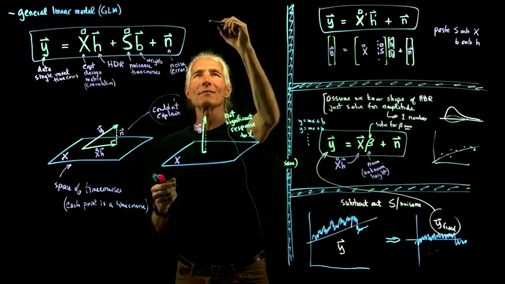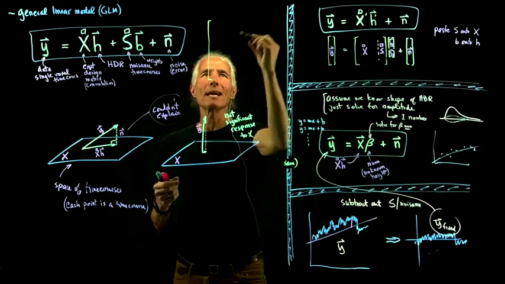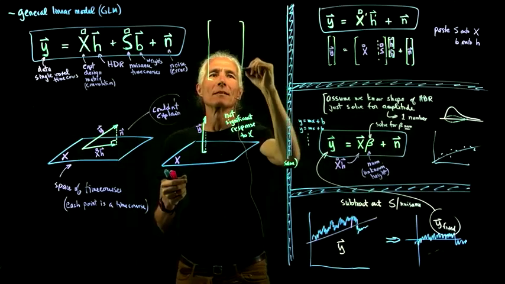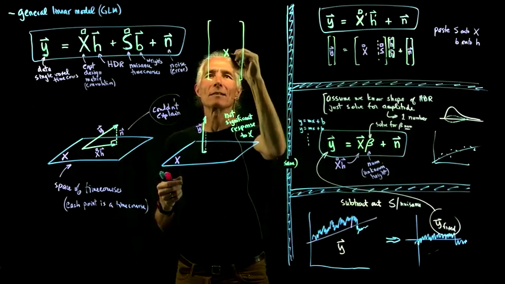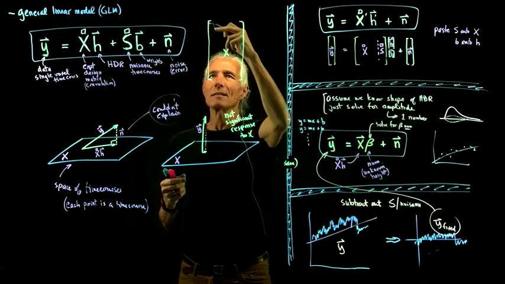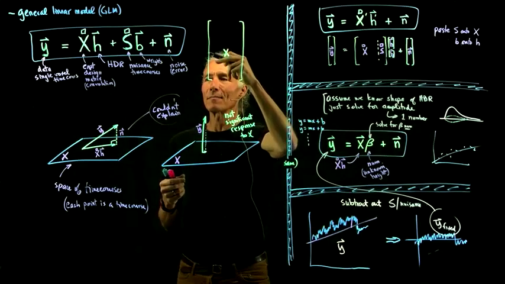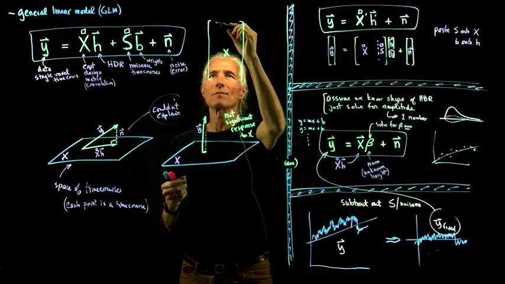We can characterize the space by just looking at the X matrix. So here's the X matrix. That's just the ones and zeros of when the stimulus was on and when the stimulus was off.